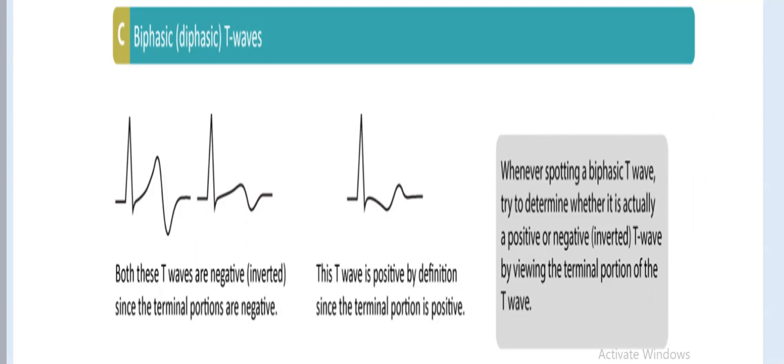For example, the one on the right, standing alone, is upright. The one on the left, though biphasic, we call it inverted, because an inverted T wave might be ischemic. So you have to tell me about the terminal portion of this biphasic morphology, if it's upright or inverted.